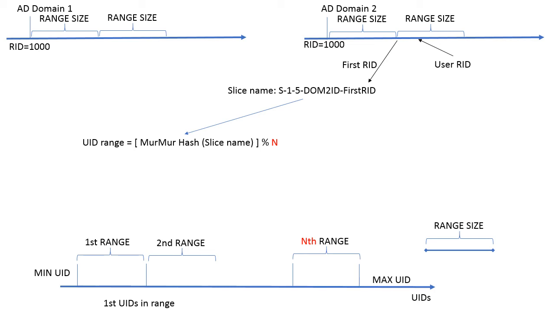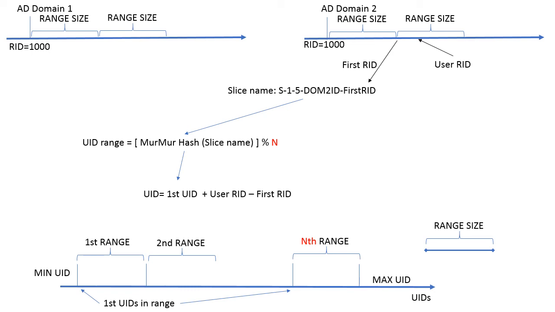And it will use the murmur hash algorithm. Murmur comes from multiply, rotate. It's a non-cryptographic hash algorithm. You can check on Wikipedia what it means. Then it will simply use modulo to get the number of the UID range to use. And after that, it will calculate your UID as the first UID plus the relative identifier minus the first relative identifier of the range, and it will assign this range.